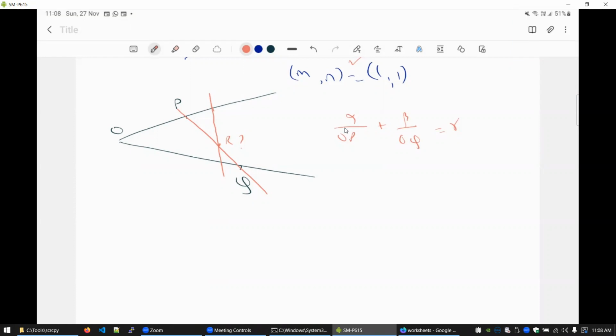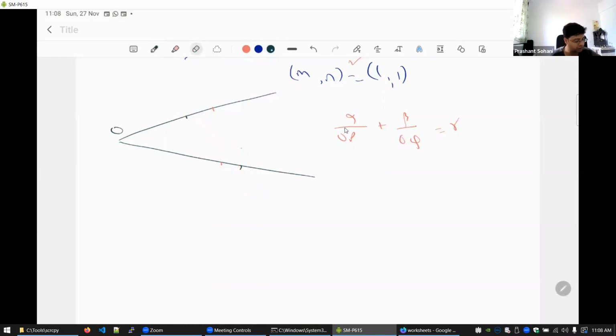Then maybe 1 and 1 or alpha or something like that. 1 or alpha, but that pair has to satisfy the condition, right? Yes, if you take OP to be 1, then we get alpha plus beta by OQ is equal to gamma. Or if we take OP to be alpha, we get beta by OQ is equal to gamma minus 1. Yeah, we can try to do something like that.